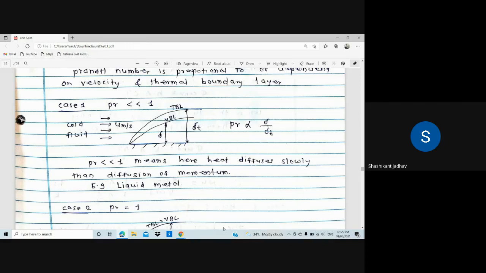Okay, draw this diagram. VBL, TBL, delta T, cold fluid velocity is u meter per second. Then write down the statement.